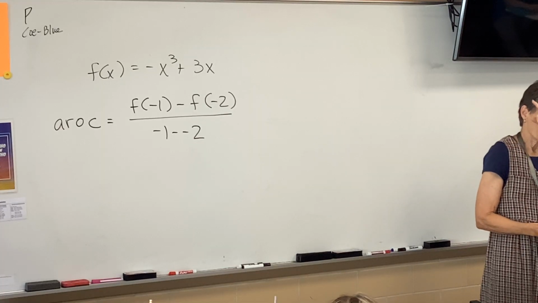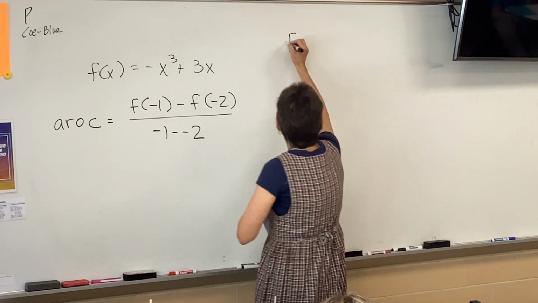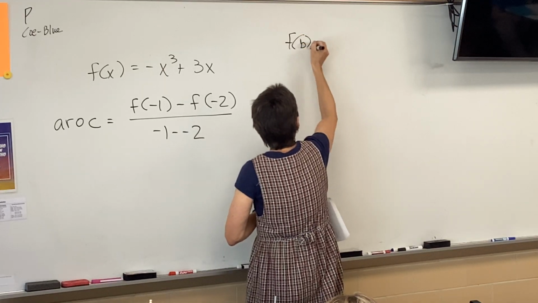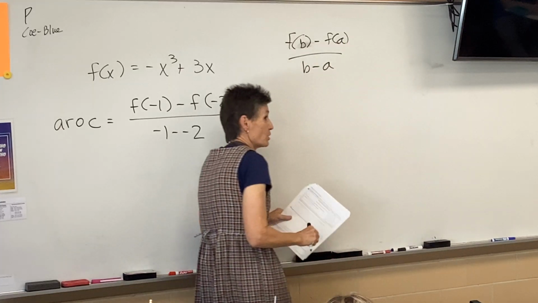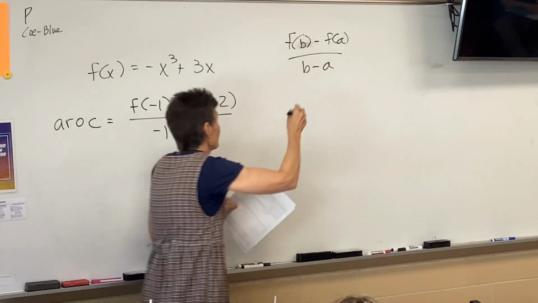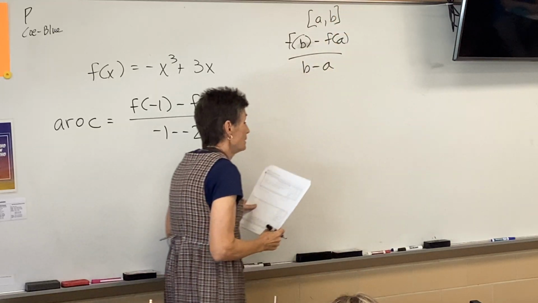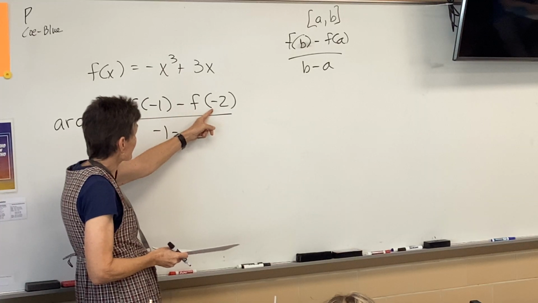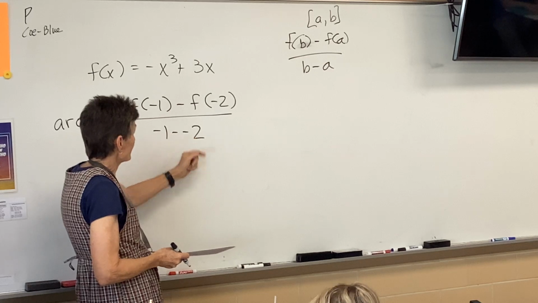So, f of the second, there's your average rate of change formula. And that's for the interval A and B. So it's f of the second minus f of the first over second x minus first x.